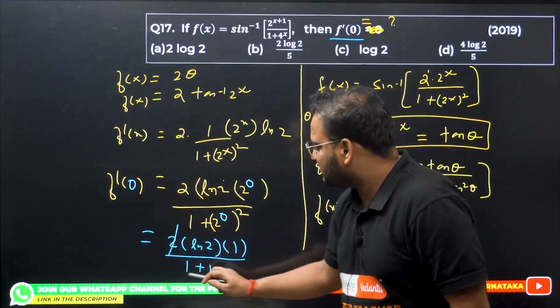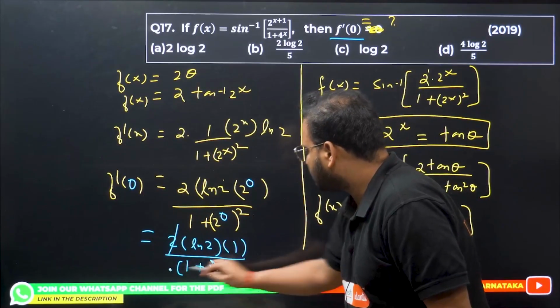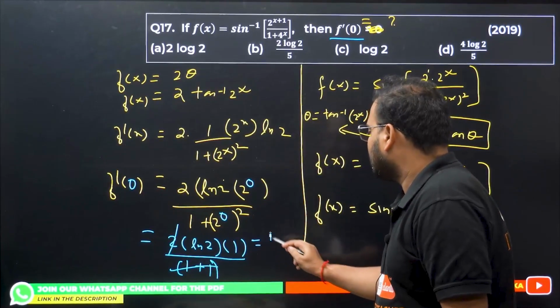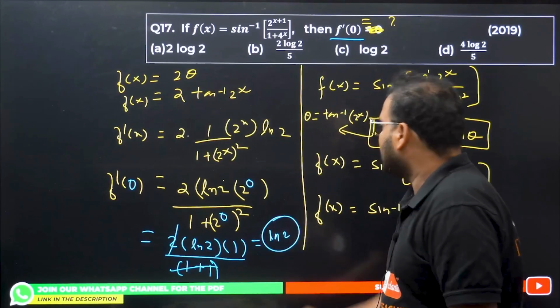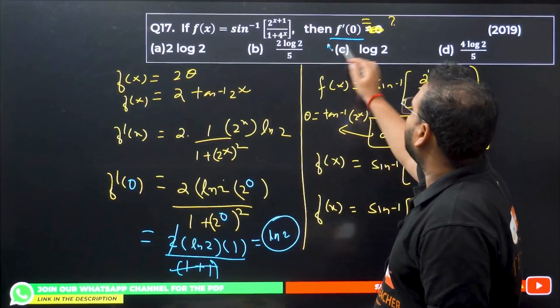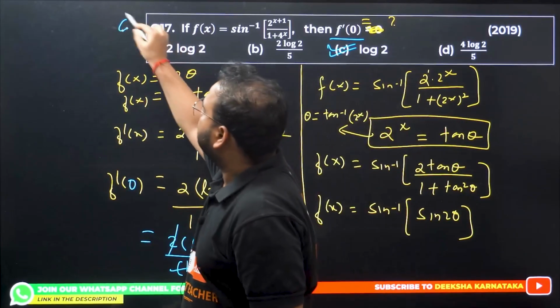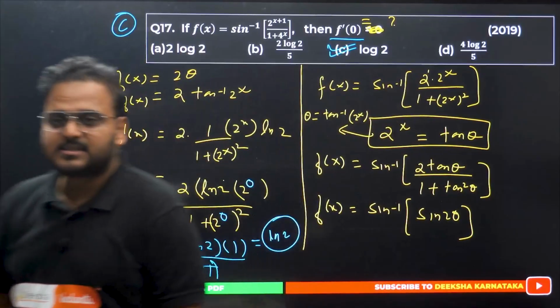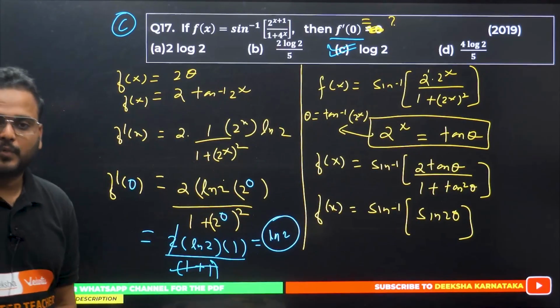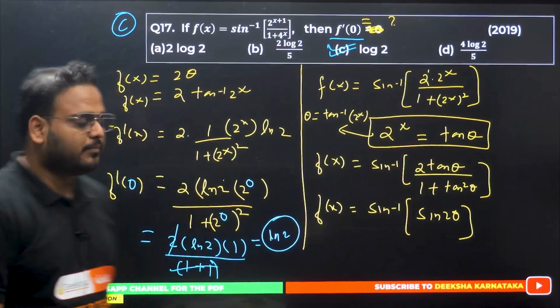This 2 will cancel. My answer is ln 2 or log 2. Option C is correct. Question number 18 now.